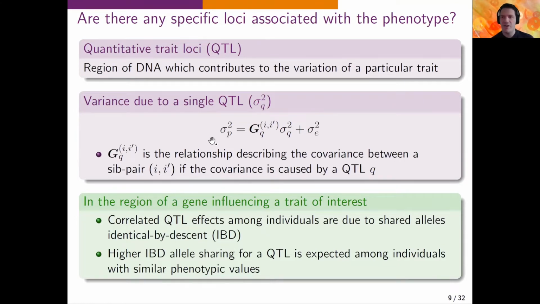These locations are often called intervals. Our expectation is that in the region of a QTL, correlated effects are because of shared alleles identical by descent, and that those more related individuals look more alike phenotypically, right?